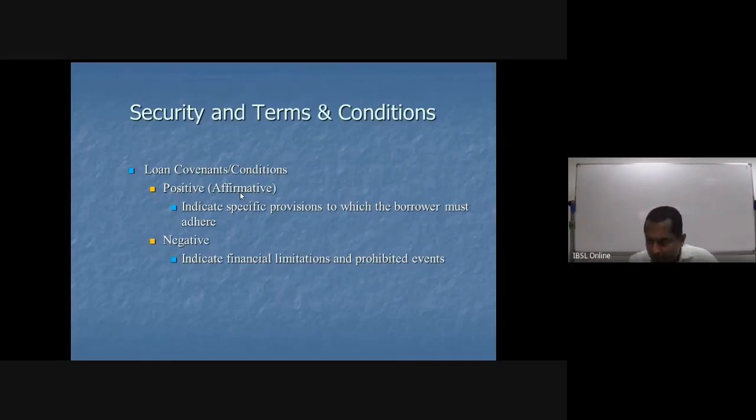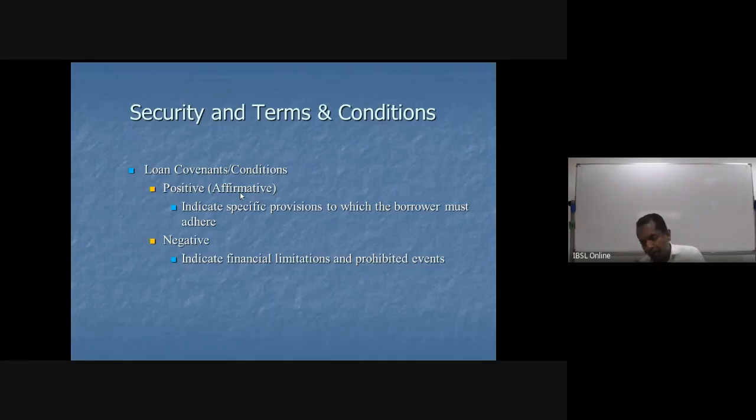These are conditions we put forward to a customer in order to maintain the same risk level of the customer for the tenure of the period.